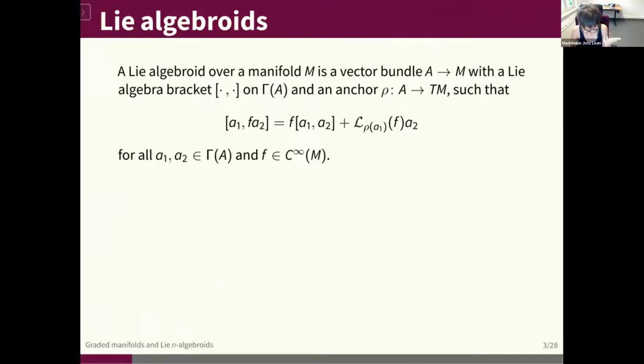So in degree 1, a 1-manifold, which means a vector bundle, we can try to put a Lie algebroid structure.